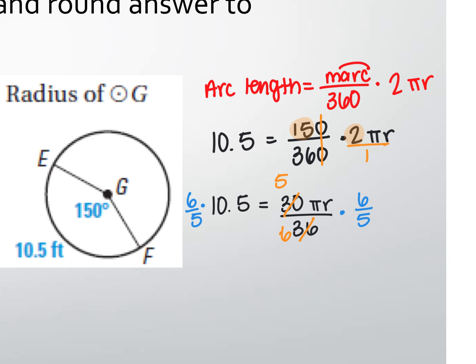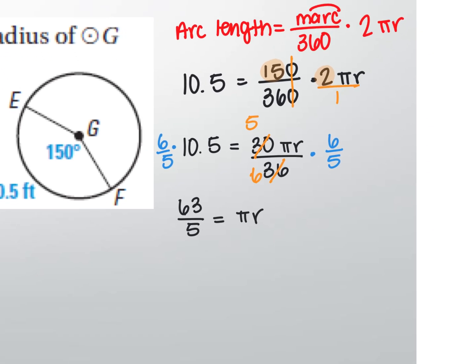So I'm going to have 63 over 5 equals pi times r. Because I'm dividing by pi, I'm going to change that 63 over 5 to a decimal.